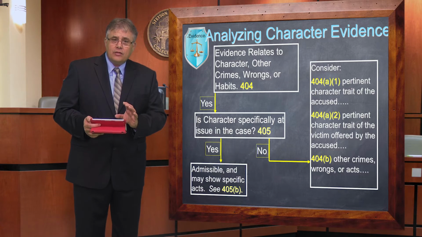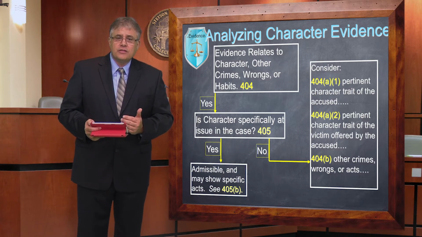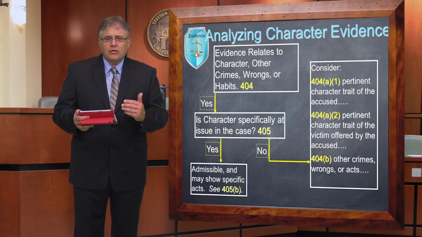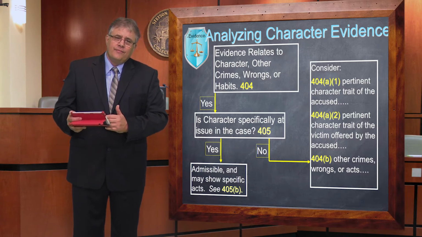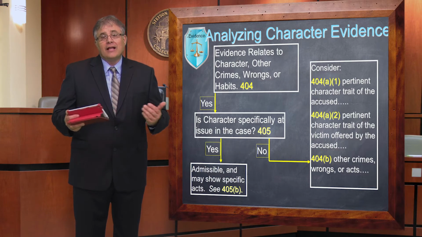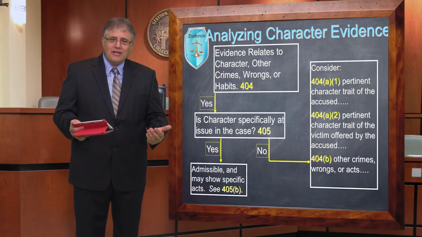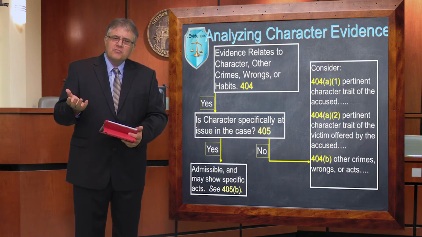Now, in a civil case, it's relatively easy to determine if character is specifically at issue. I look at the cause of action. And if the cause of action has within it an element that reflects on the character of the people who are involved. Classic examples being child custody cases, negligent hiring cases. In those instances, character is relevant.